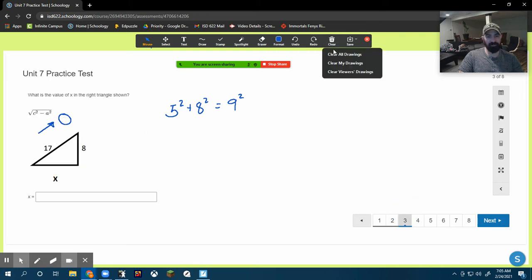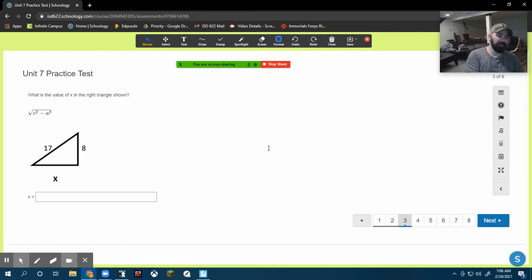Next question here. We are using this formula to solve for our missing variable. Remember, C is always the largest number, and it's always the hypotenuse directly across from the right angle. So we're going to do the square root of C squared minus A squared.